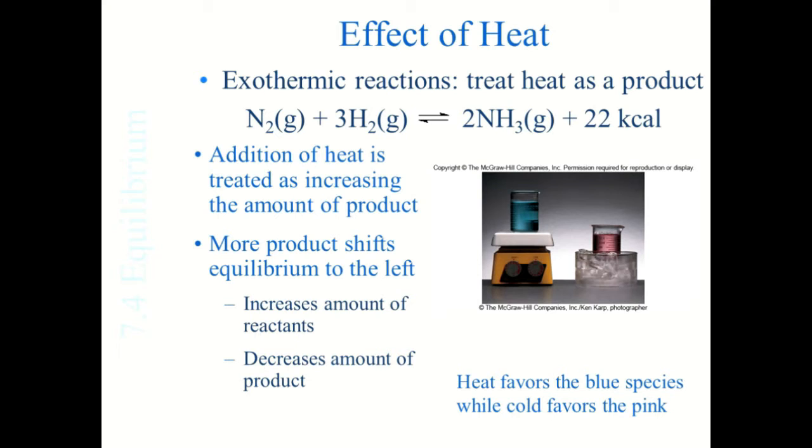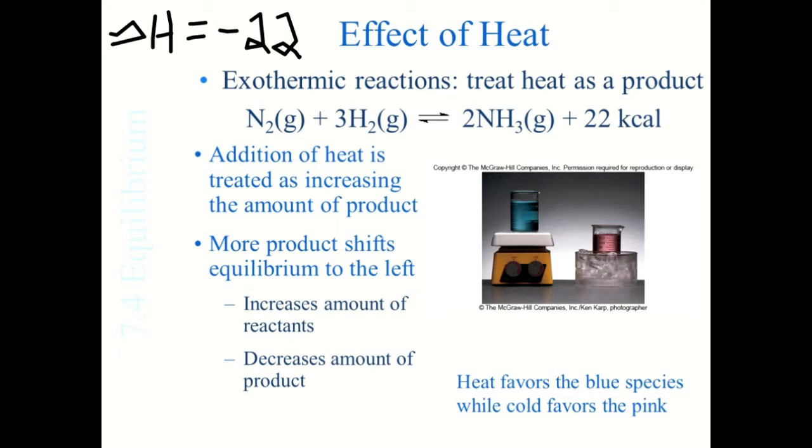It's exothermic because heat energy is a product. That means energy went out, that means the delta H of this equals negative 22 kilocalories. So if they told you you have a reaction and the delta H is negative 22, then write it as a product, like they did.